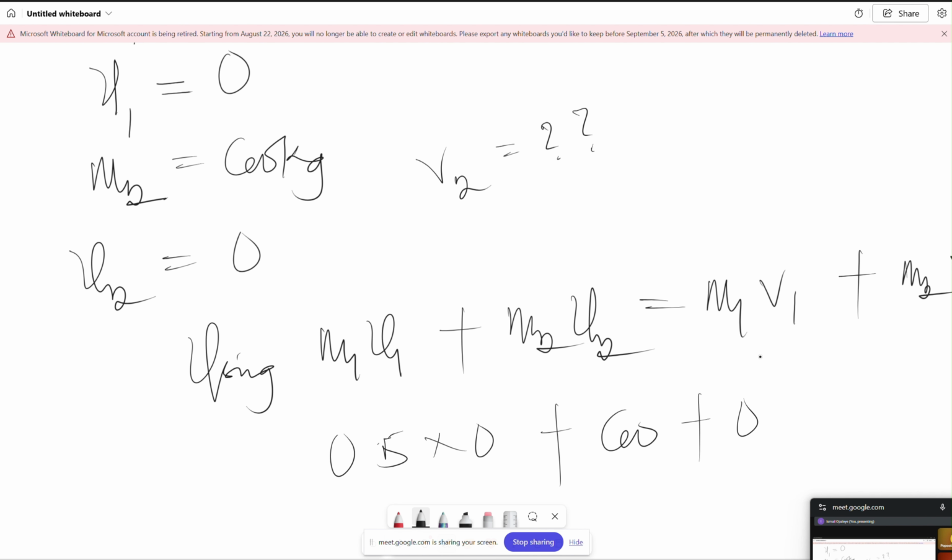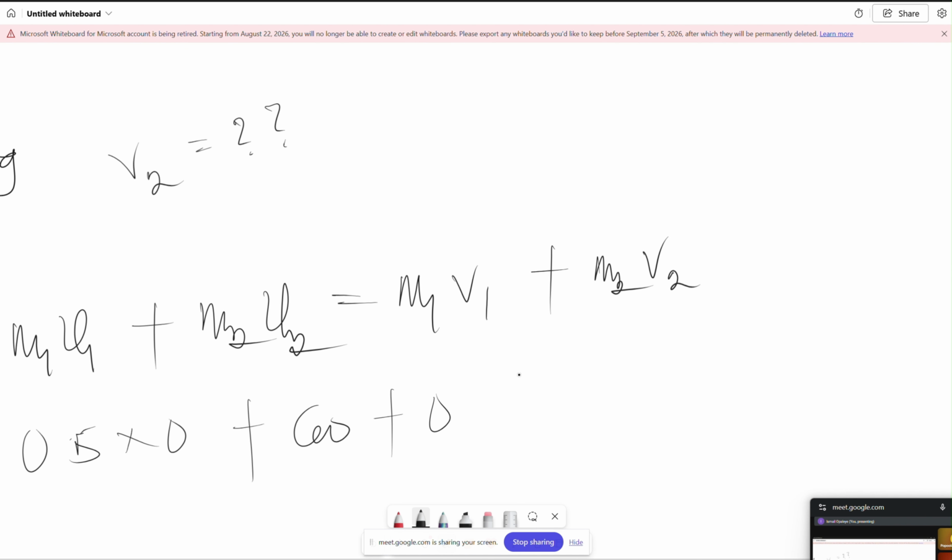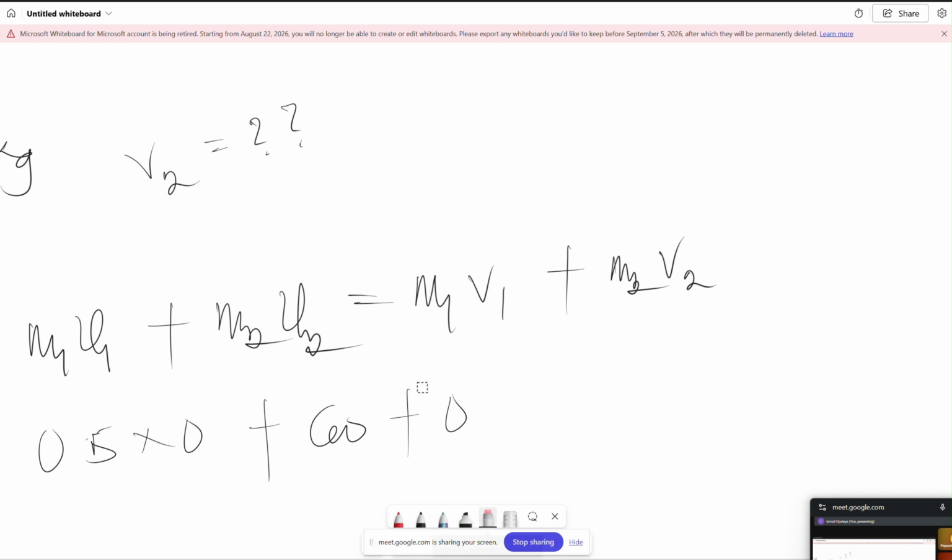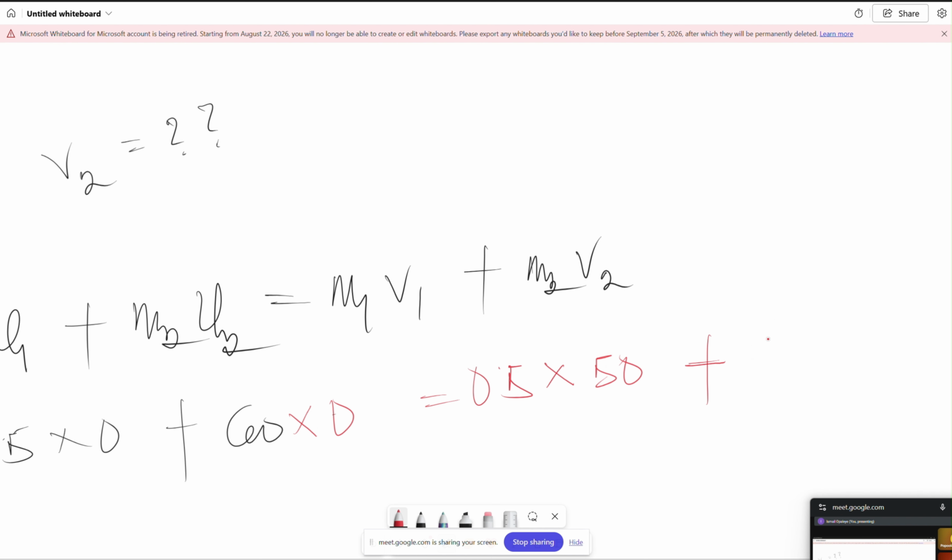U2 is what? 0, right? Sorry, not plus, that's meant to be multiplied by 0. Our m1 is 0.5. What's our v1 there? Our v1 is 50, right? Plus m2, that's the archer and the bow, that's 60. And then we're looking for v2.